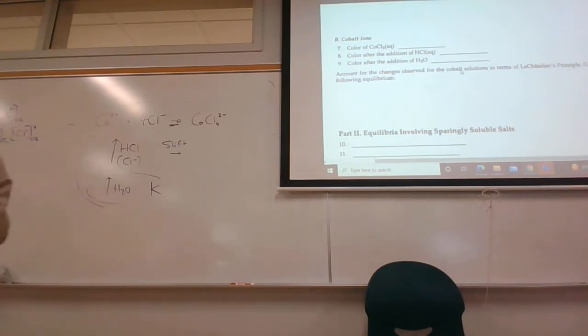If I cut the concentrations in half for everything, what I'm going to end up with is this: 1/2 the original concentration. So let's say I dilute it and double the volume, half the concentration.